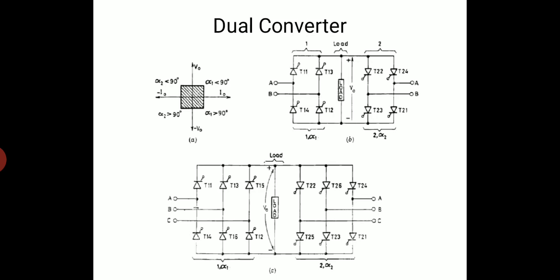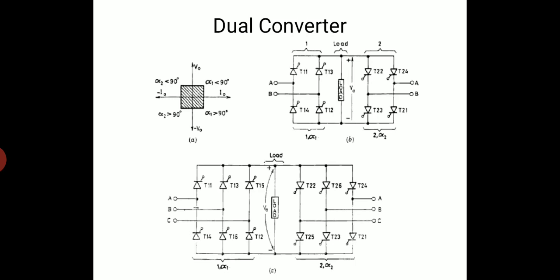And if we recall, then in case of full control converters, the current was unidirectional. The direction of current cannot reverse because the thyristors can conduct only in one direction, but the average voltage across the load was possible as positive as well as negative.